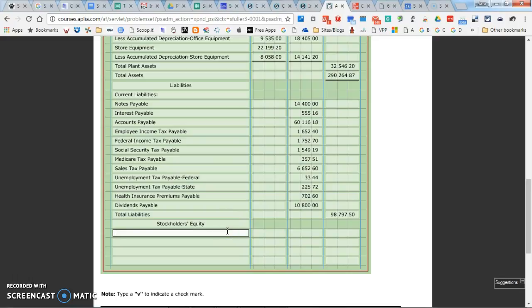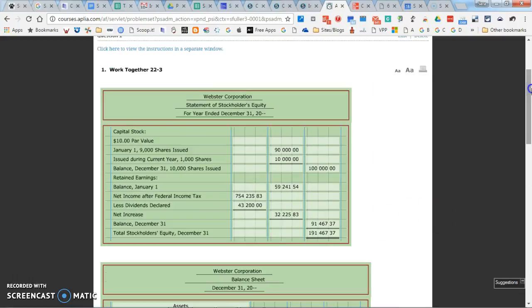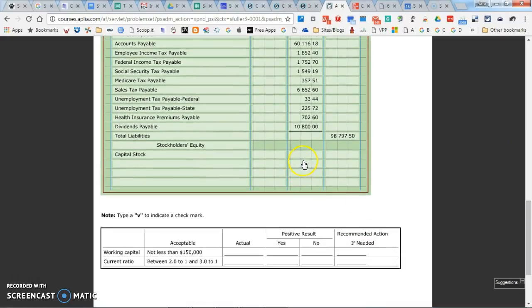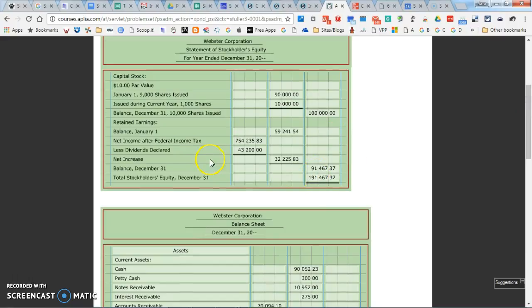And then our last section here is stockholders' equity. And so first we have our capital stock. Okay, remember we have that calculated here, so capital stock total was 100,000. So in the middle column there, 100,000. Then the next line is retained earnings. Middle column, $91,467.37. That also came from up here. Okay, our ending balance here for December 31st.